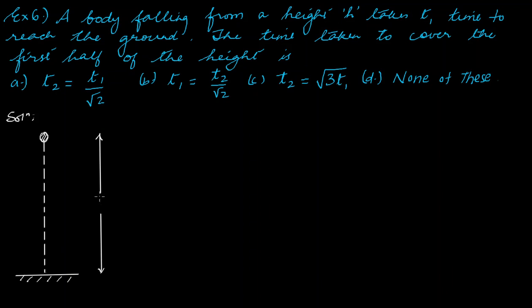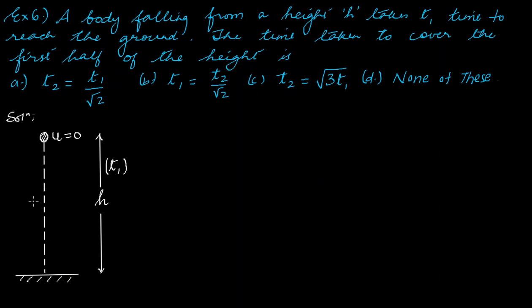This will be h. All right, so it says falling, so again here it falls from rest. It takes time T1 to reach the ground. T1 is the time that it goes from the top to the ground. The time taken to cover the first half of the height is how much?